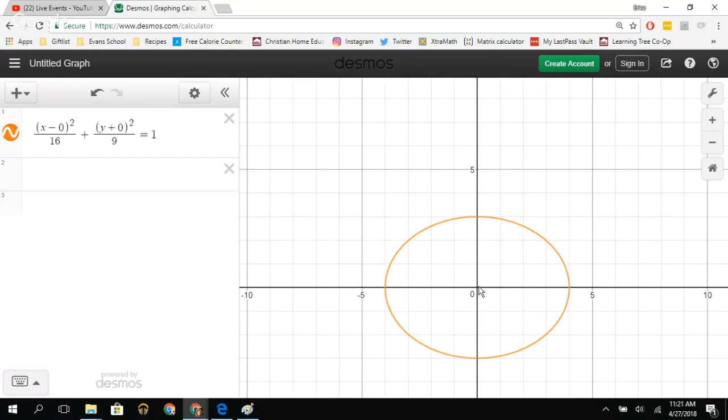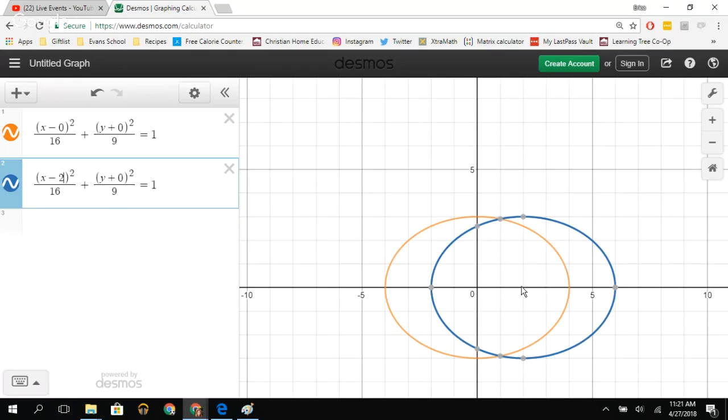Again, the origin is at the center. Okay, if I subtract 2, that's going to move my ellipse, the center of my ellipse, to the right by 2. Okay, so it moved my center of the ellipse to the right by 2.